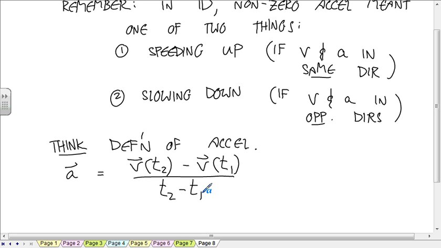In order for that to be anything besides zero, this velocity and this velocity just have to be different. They don't have to be different magnitudes, they just have to be different vectors. And so what we have in 2D that we didn't have in 1D is you can have accelerations where the speed stays the same, but the direction changes, okay?